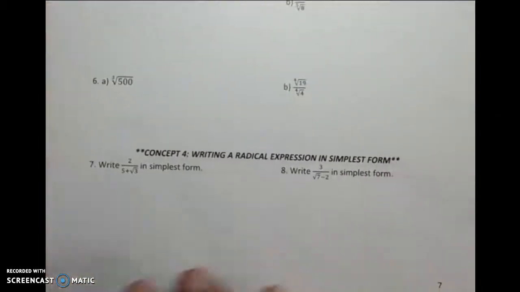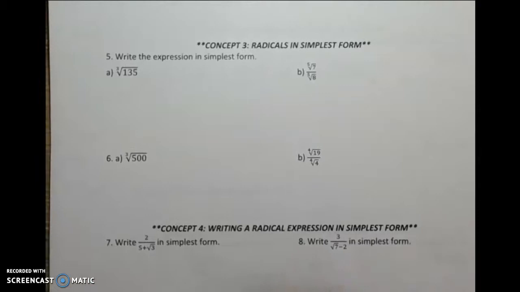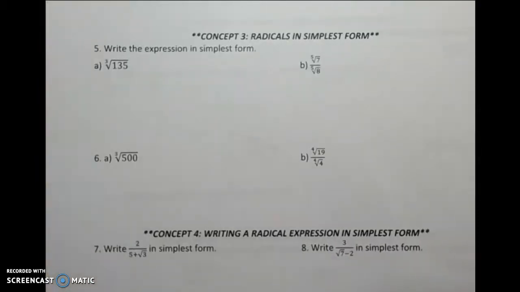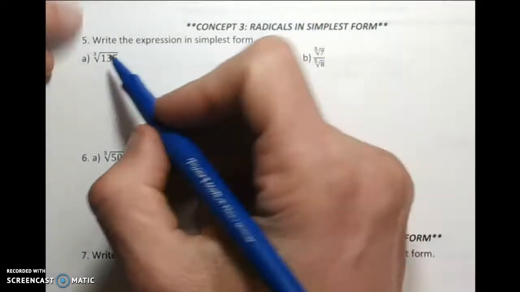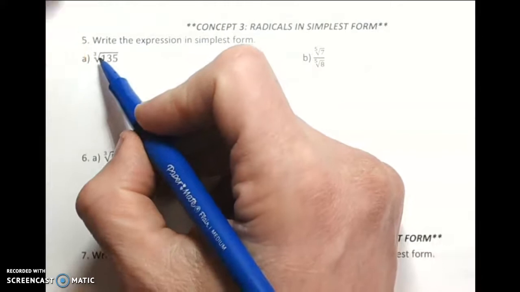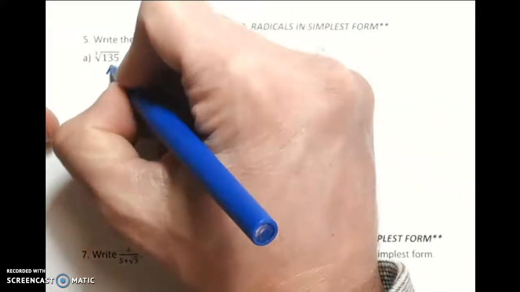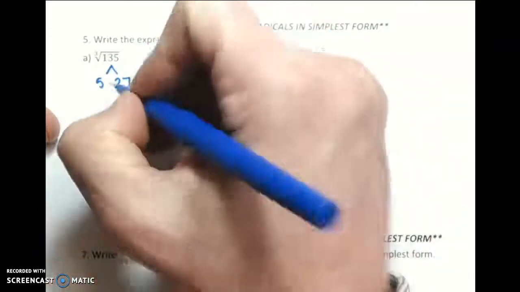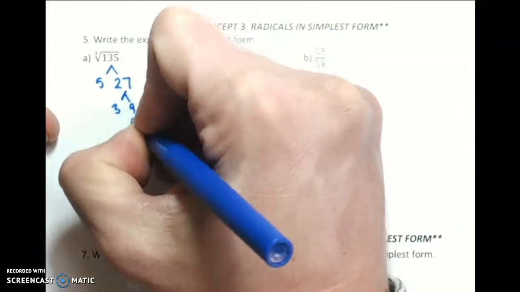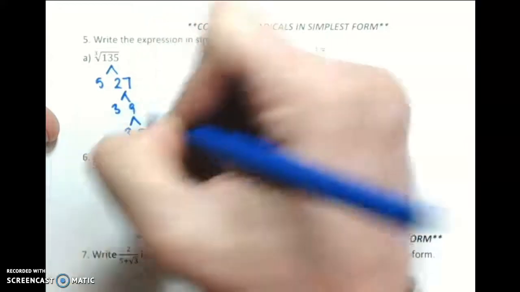Alright, so here I have radicals in simplest form. So this time, we may have a root. That's usually what that means. I'm looking again for groups of 3. I'm going to factor 135, and that would be 5 times 27, which would be 3 times 9, and 3 times 3.